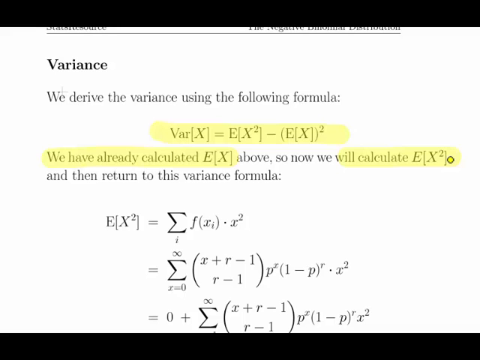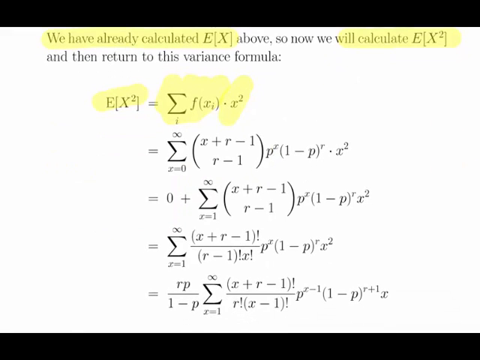Okay, so the expected value of X squared is the sum of the probability mass function times X squared. Actually, correctly, that's the probability mass function, that's the summation, and we have X squared there.